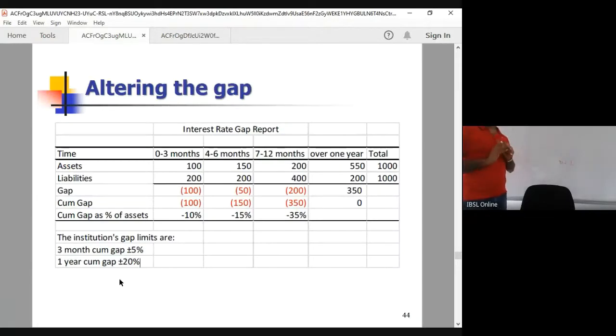First and foremost, tell me, based on the report here, have you breached the limits against total assets? Yes. You have, on both occasions. So what do you need to do to rectify yourself?